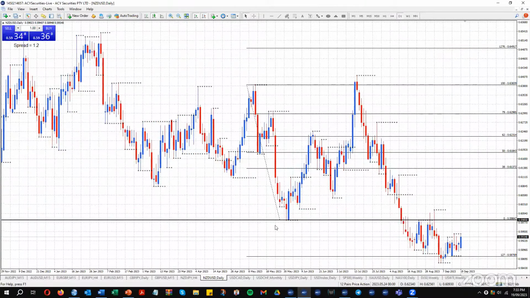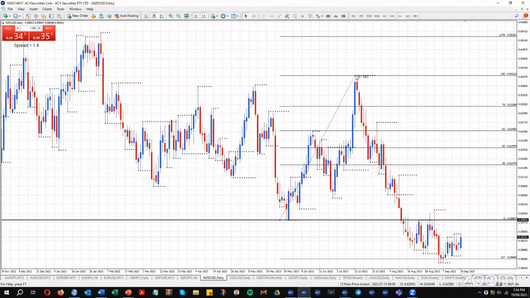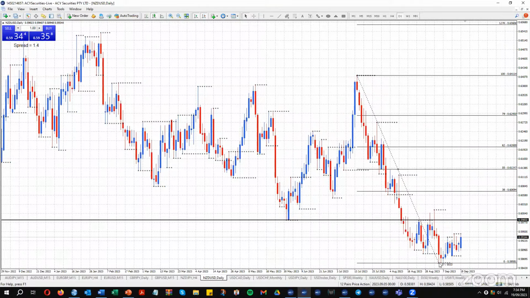New Zealand dollar is looking very similar to the Aussie. It's rather consolidatory. The double top up here. In terms of the fib, from the double top, we're at the 127 extension. And again, depending on what the Fed news does, like I was saying on the Aussie, we could see a corrective phase back up.